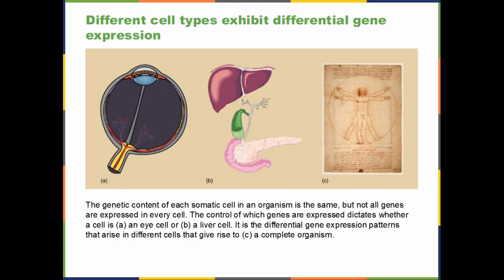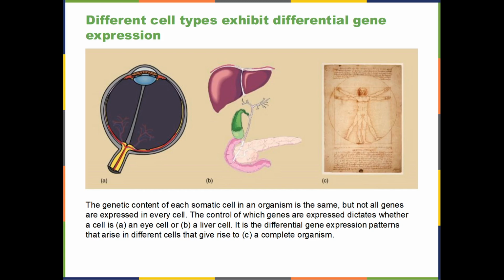So just looking at different types of cells, we just mentioned this, all of the cells in your eye, in your liver, your spleen, pancreas, and all the other tissues of your body, they all have the same genes, all have the exact same DNA.